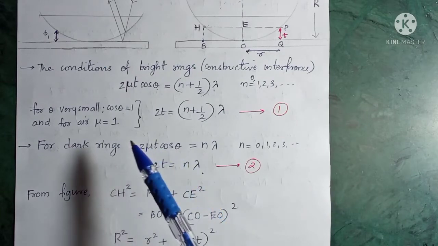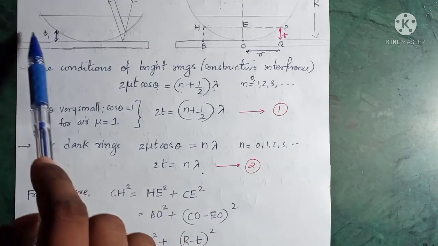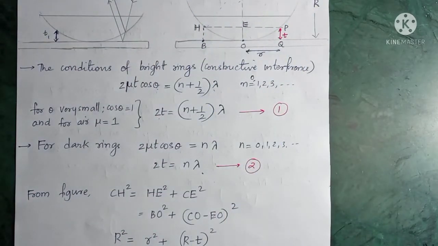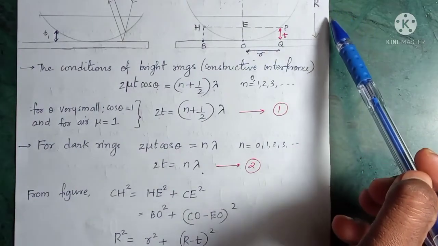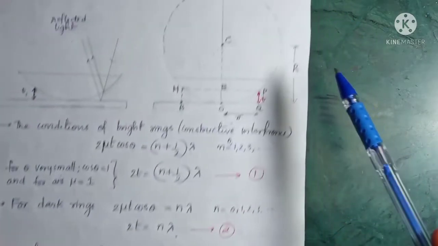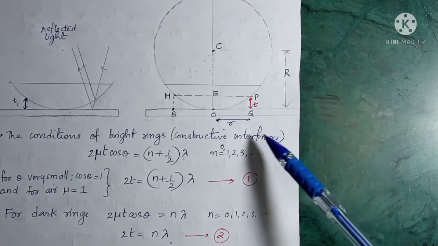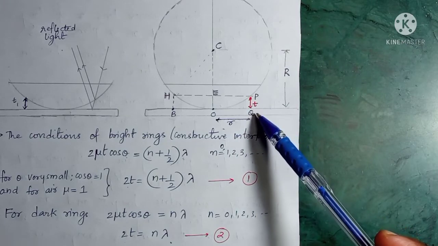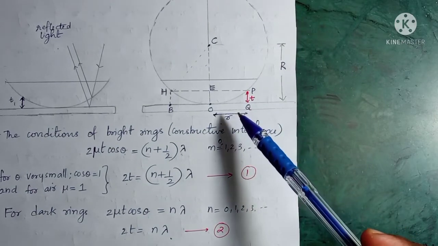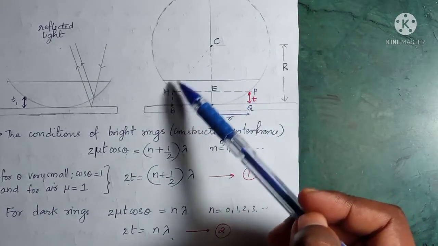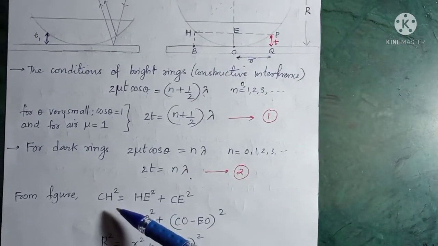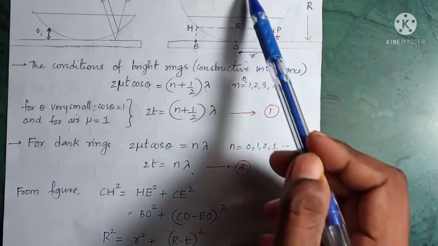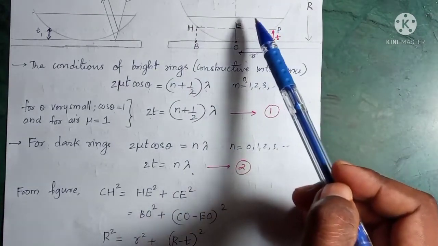Now, assuming this spherical surface of the lens to be part of a larger sphere, the radius of the sphere is taken as capital R, the distance OQ is taken as small r, and the thickness PQ is small t. CH can be written using the Pythagoras theorem: CH square equals HE square plus CE square.